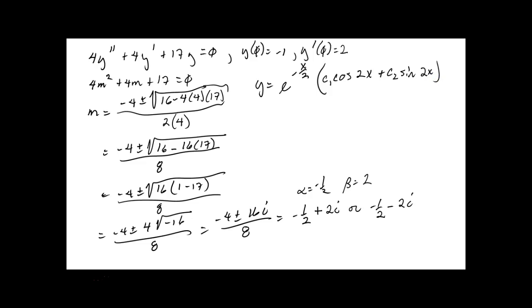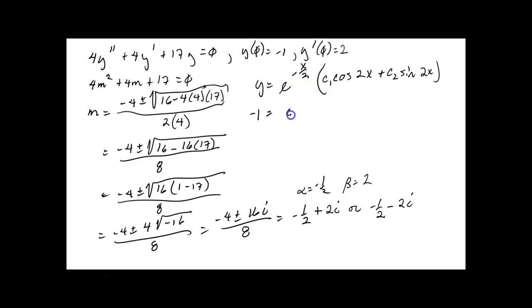Now we're going to evaluate our C1 and C2 because we know that when x is equal to 0, your y has to be a minus 1. So let's put a minus 1 in for y, and e to the minus 0, in other words, e to the 0 is 1, so that doesn't contribute anything.